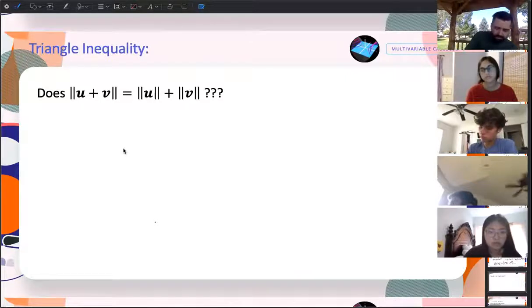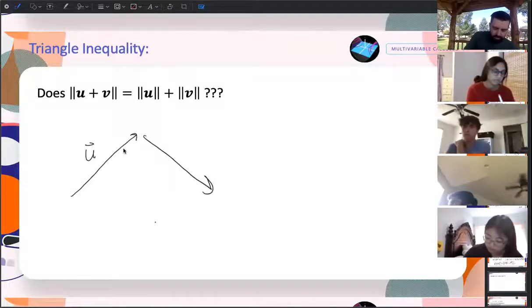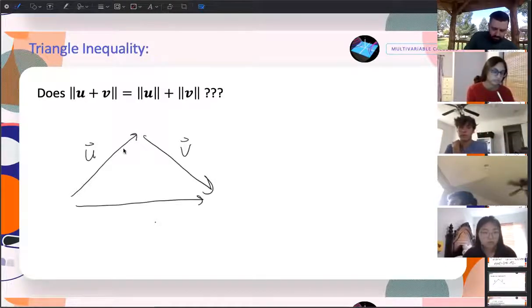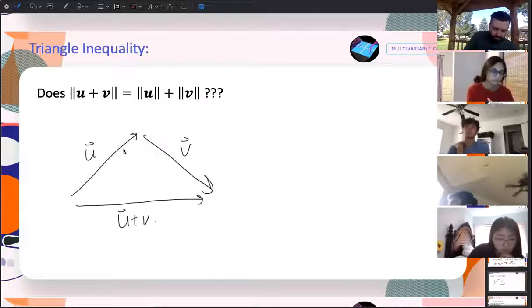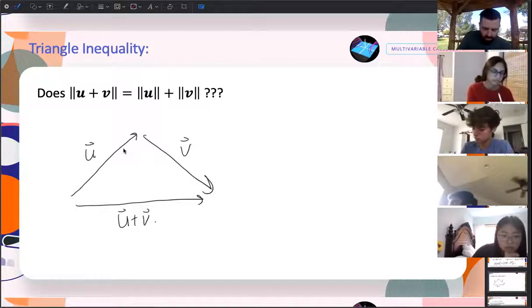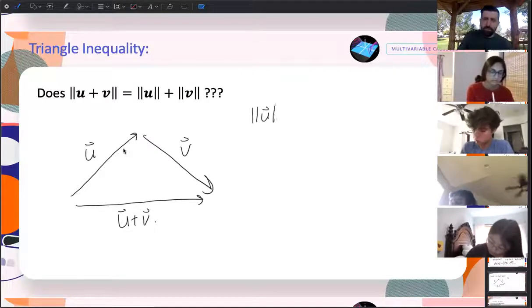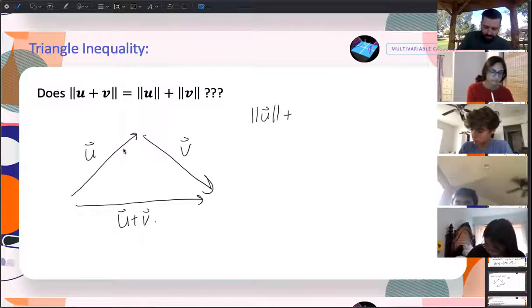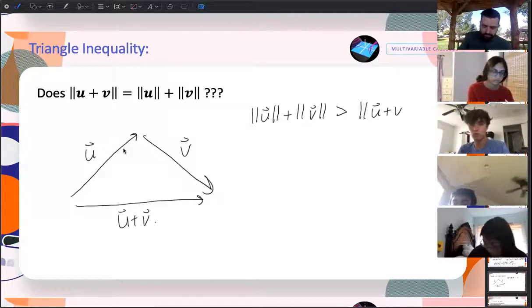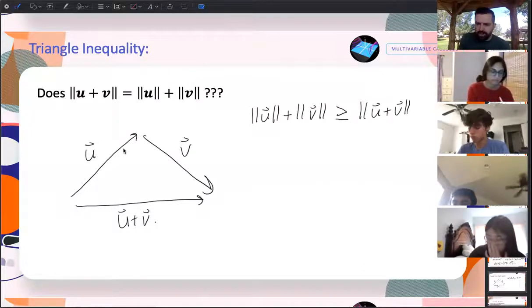Because again, if we think geometrically, this is what that would look like. This is u plus v. And remember in geometry, the sum of two sides of a triangle will be greater than the third side. Okay, technically this can be equal sometimes, only when u and v are in the same direction, right?